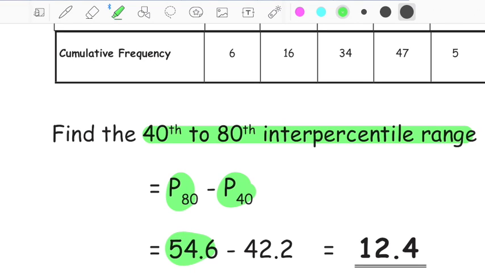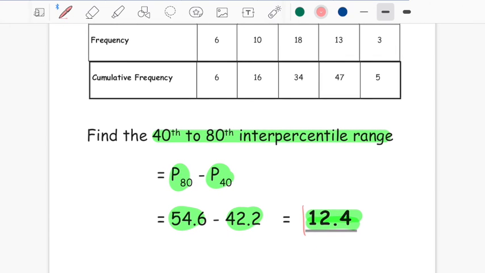We know the value of P80, we found that out. And we know the value of P40, which is 42.2. Subtract these two and you get the answer as 12.4. So this is your answer for the interpercentile range of the 40th to 80th percentile. Keep that in mind.